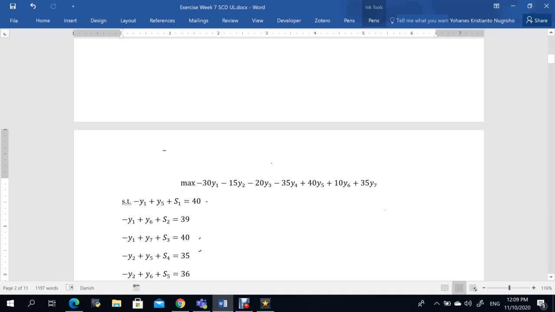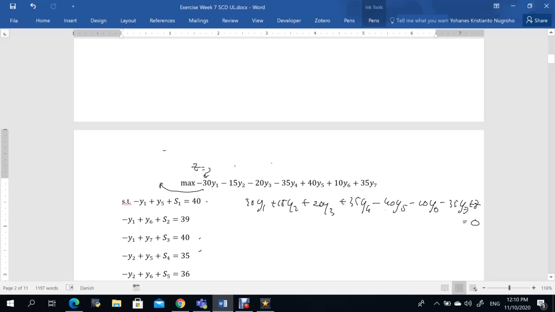And in this case, we can convert this objective function as follows: z equal to these variables from y1 to y7 into these variables. 30 y1 moves to the left hand side, also 15 y2 into the left hand side, and therefore we have the following: 30 y1 plus 15 y2 plus 20 y3 plus 35 y4 minus 40 y5 minus 10 y6 minus 35 y7, and again plus z should be equal to 0.